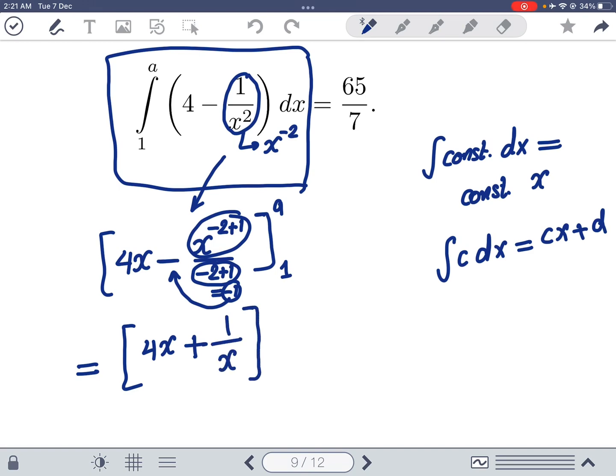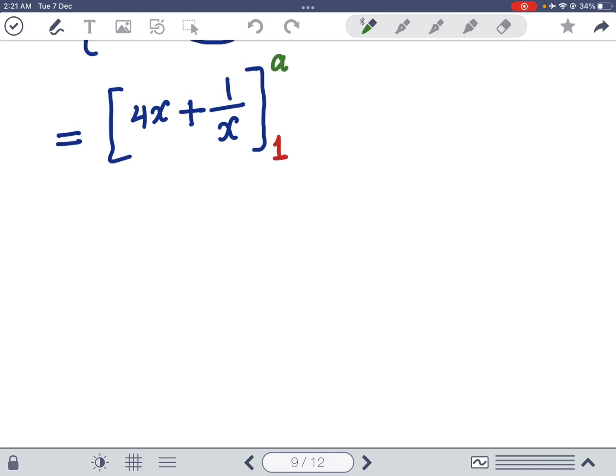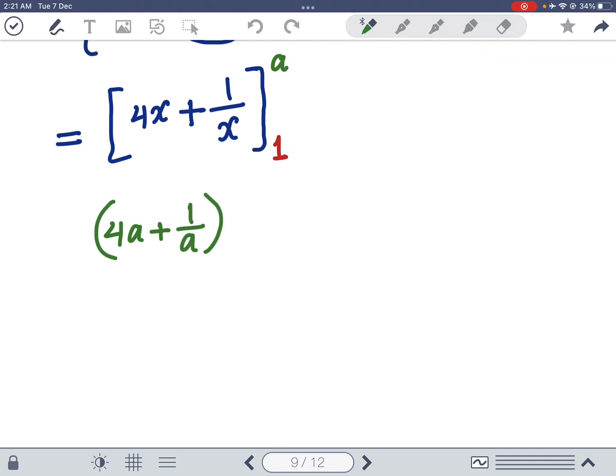Maybe we can erase some of this so that I can show you things better. Let's write 1 in red and a in green so that you watch how I substitute. First I substitute a, I'll get 4a plus 1 over a, minus, and now we replace the 1.